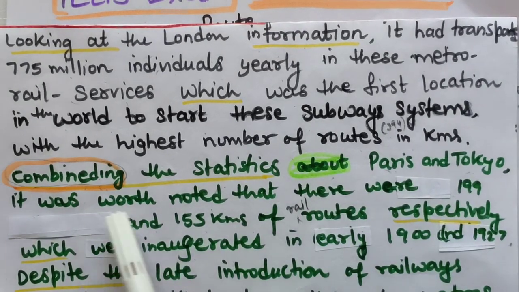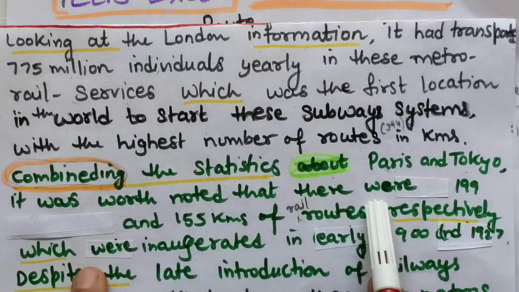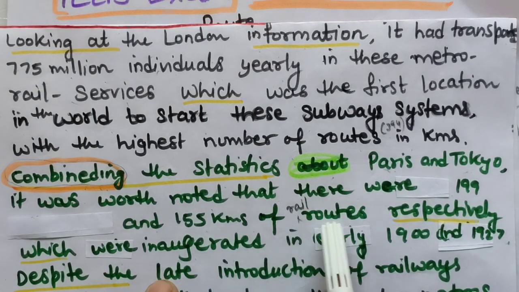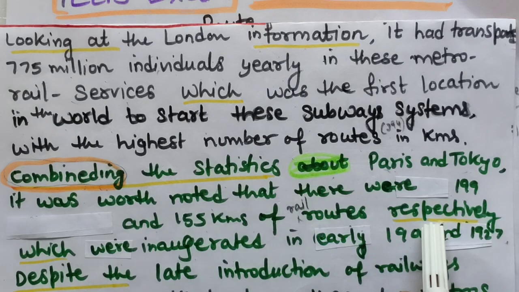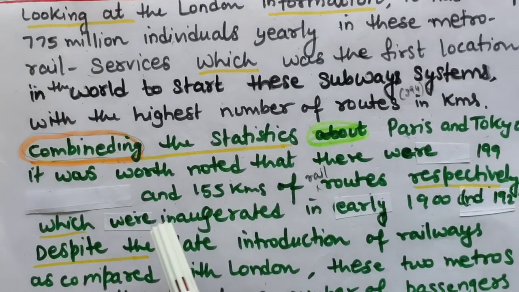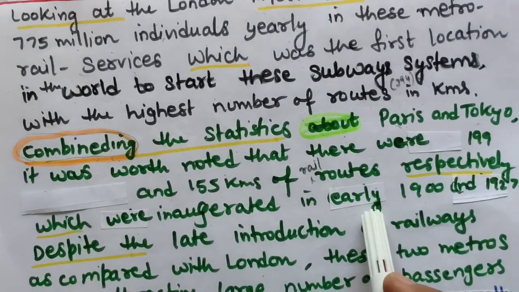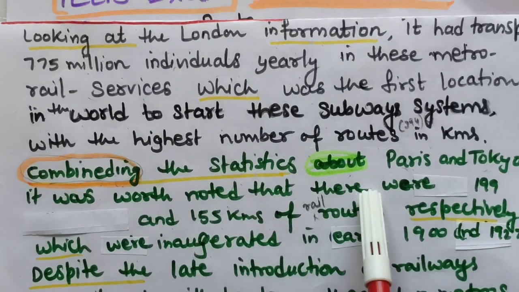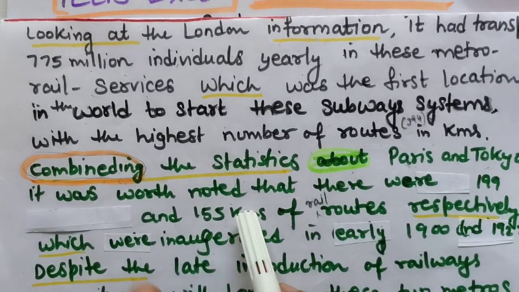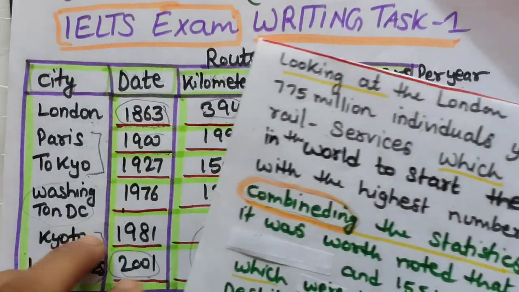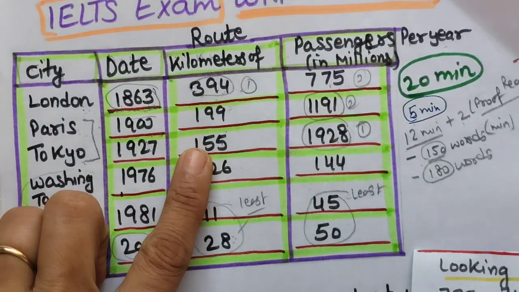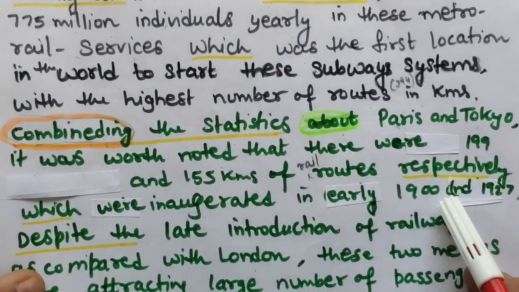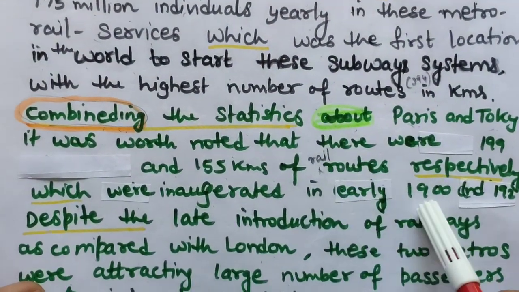It was worth noting that there were 199 and 155 kilometers of rail routes respectively, which were inaugurated in early 1900 and 1927. So first I have talked about the number of kilometers of these two cities, Paris and Tokyo, and then their years also. So in one sentence we have talked about routes and years.